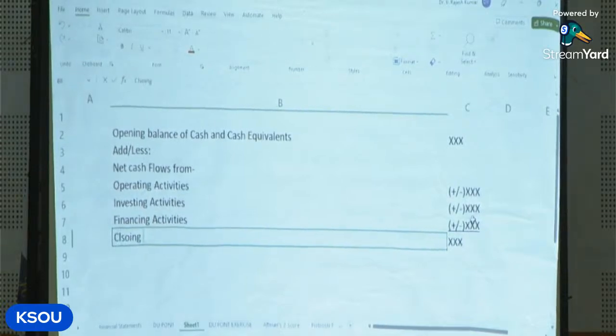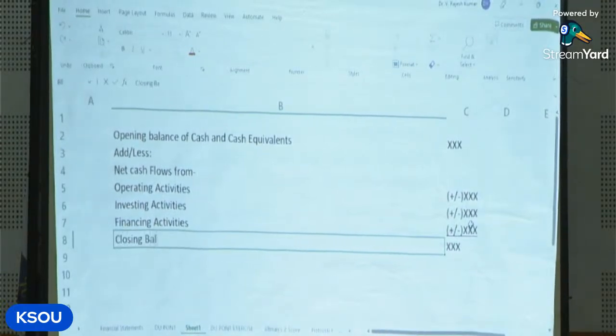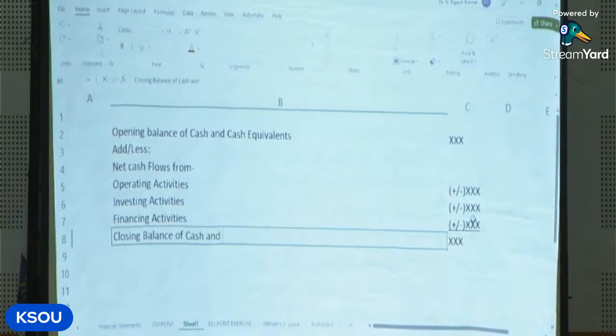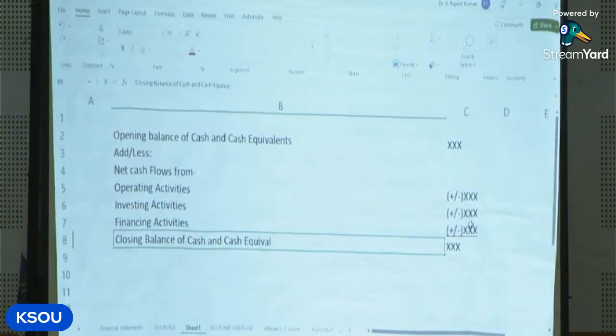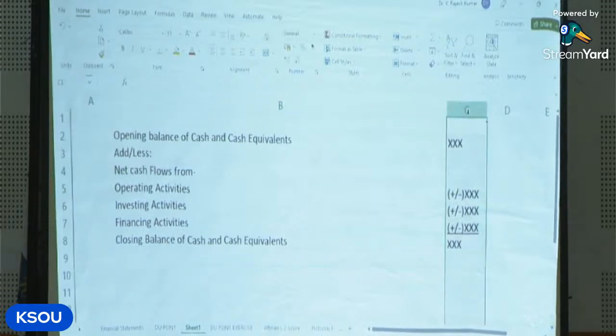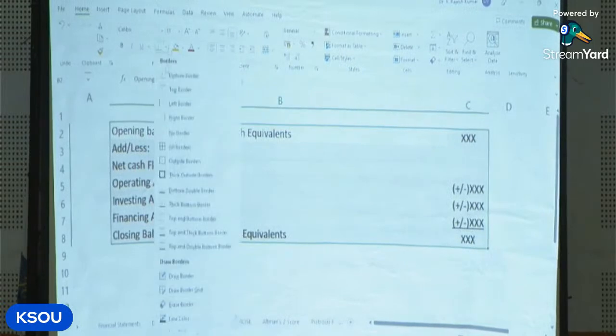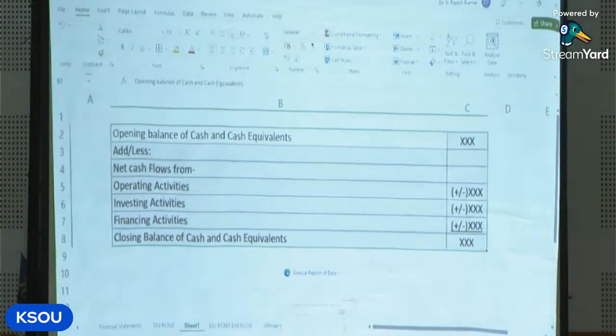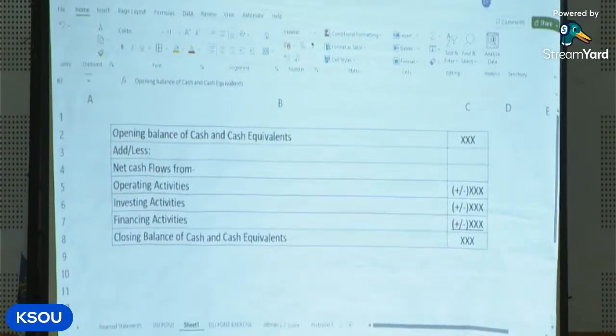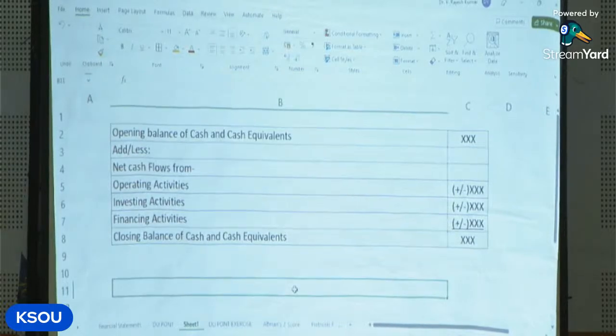Closing balance of cash and cash equivalents. Right? Now, this is the format in which we prepare or a cash flow statement is presented. Now, before we see how to read, net cash flow means cash inflows, cash outflow difference.